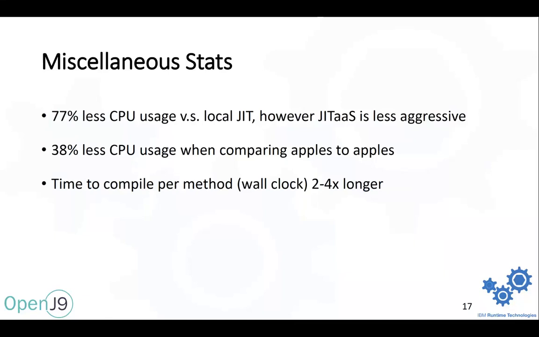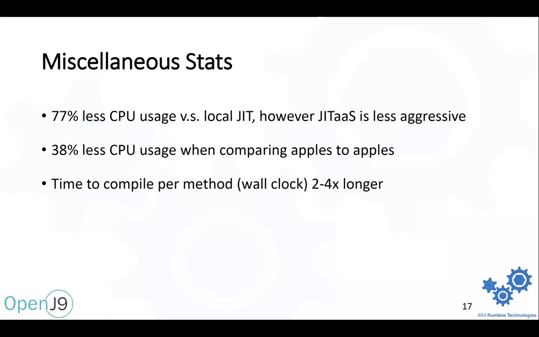And the time to compile per method in the JIT as a service case is actually 2 to 4 times more. So I promised I'd come back to that earlier, and 2 to 4 times actually sounds very bad. I'll be honest with you, I was very skeptical about this project when it first started.